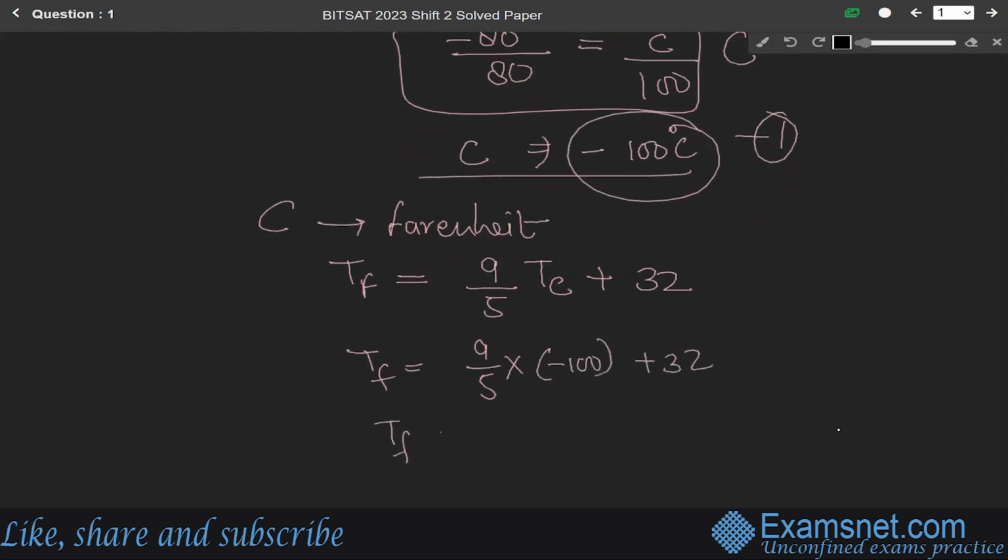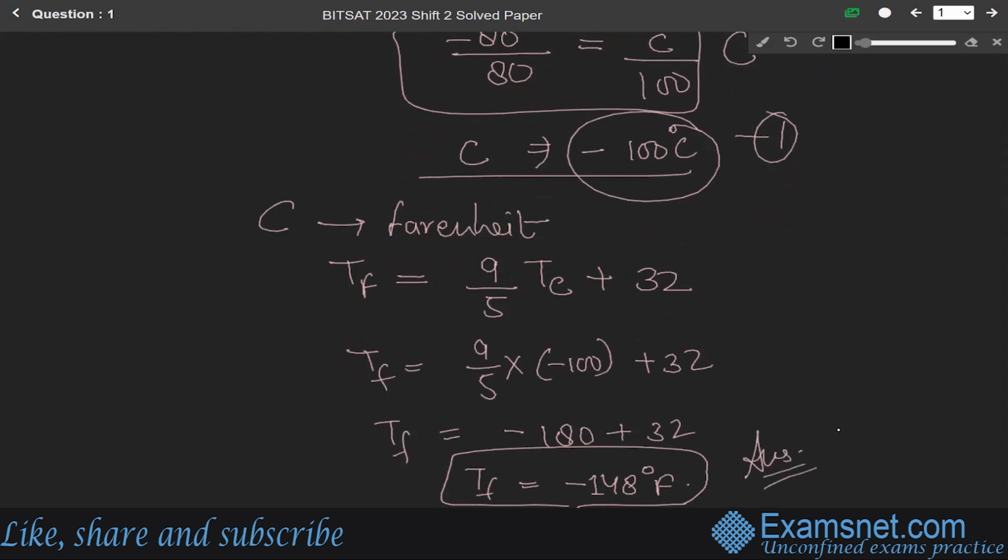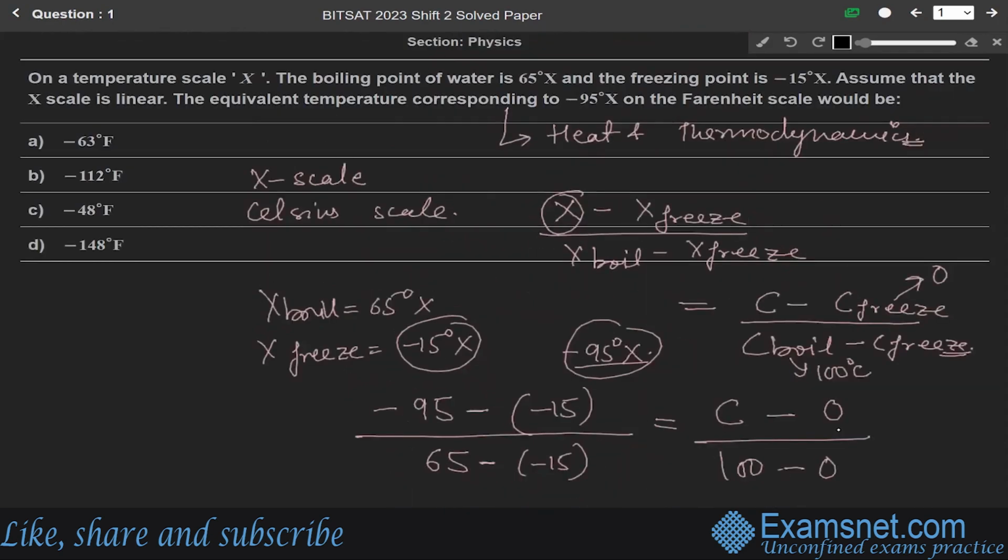So TF equals minus 180 plus 32, so TF equals minus 148 degree Fahrenheit. So the equivalent temperature as given in the question is minus 148 degrees Fahrenheit. This is our final answer.